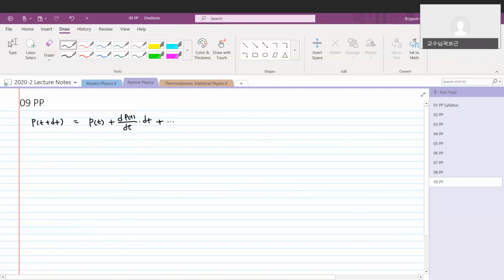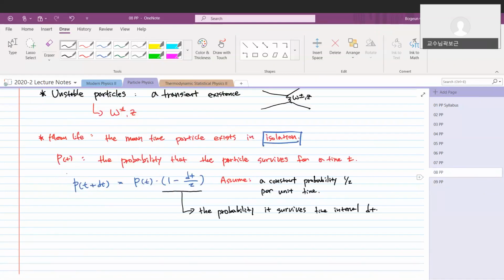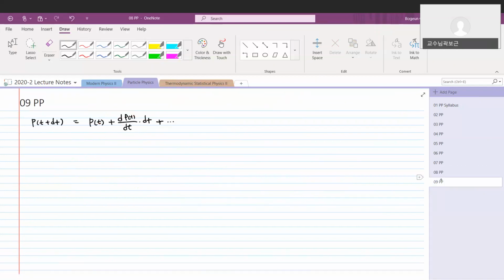This equation should be the same as the one above, so it should satisfy minus P(t) dt over tau, and the higher order terms are very small, so we can ignore them.